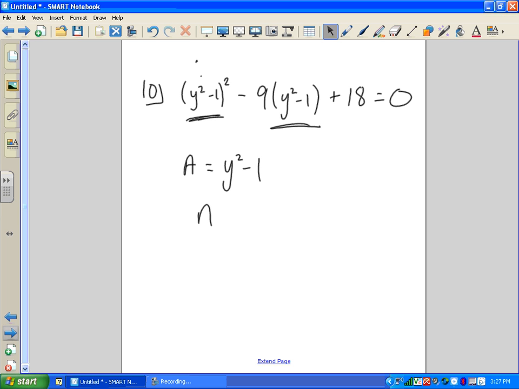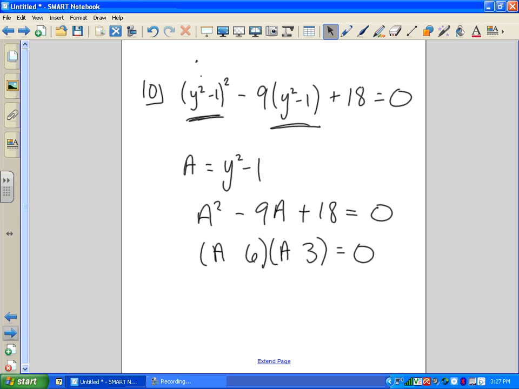And so that'll give me a squared minus 9a plus 18 equals 0. So that's much easier to solve. Now, factors of 18 that add to give me 9 would be 6 and 3. Signs are the same. They would both be negative.